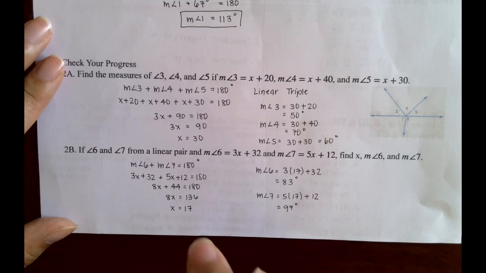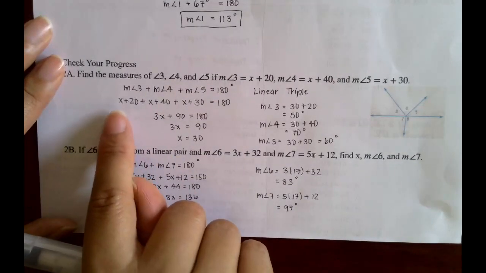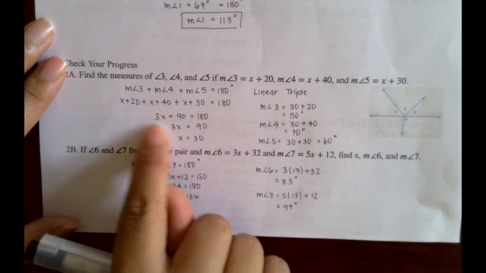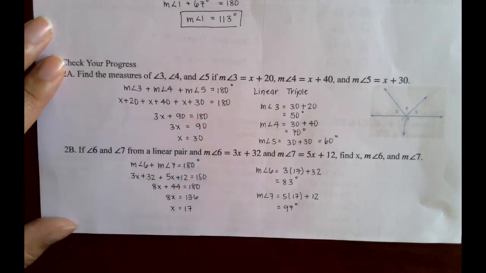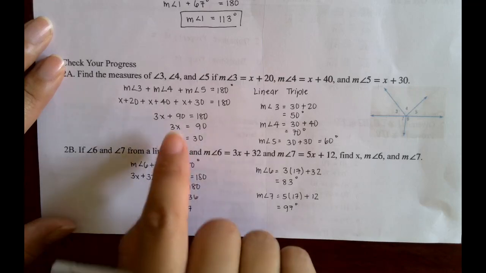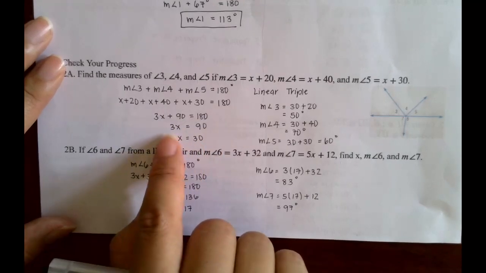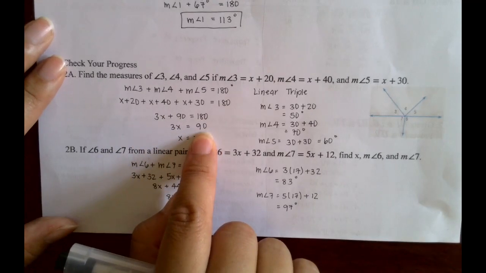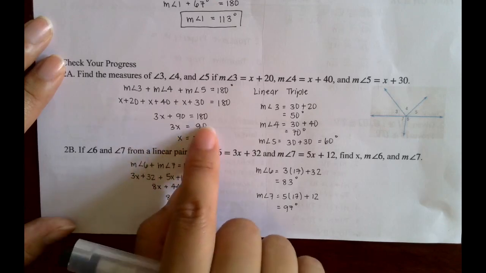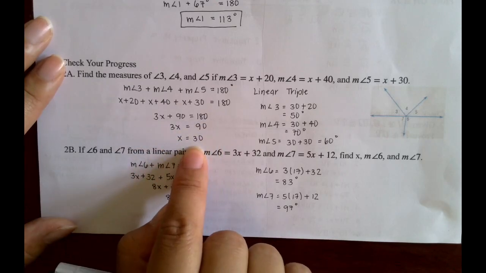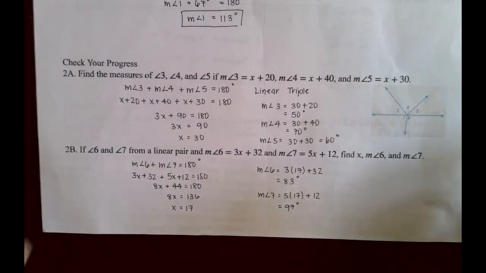Then I just combined like terms, so x is 3x, 20 plus 40 plus 30 is 90. So then I just simplified, so my reasoning would be simplified. Then I subtract 90 on both sides, get 3x equals 90 due to the subtraction property of equality. And then divided by 3 on both sides to get x equals 30 due to the division property of equality.